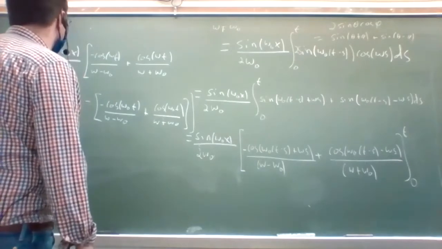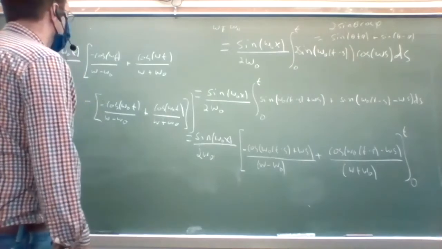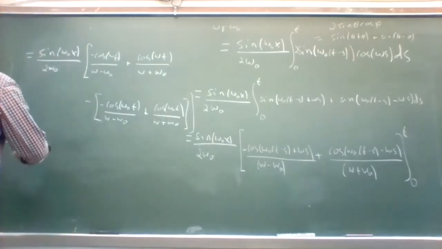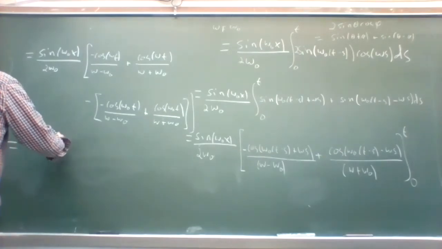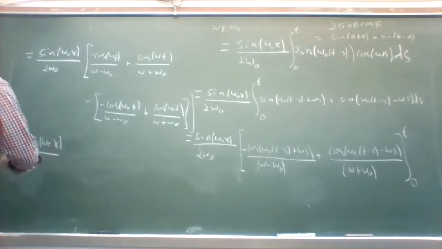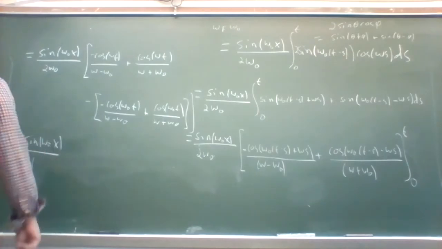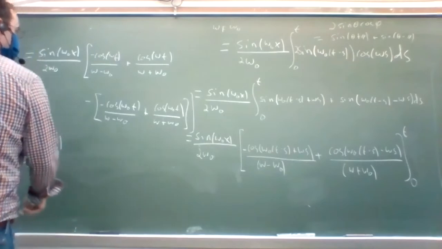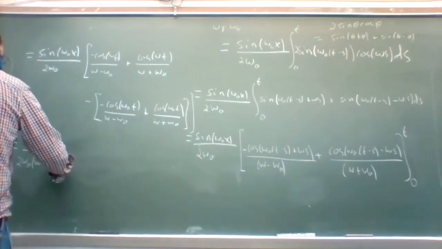let's see if we can reduce this and do common denominator at the same time. So I'm going to factor out, I'm going to divide by 2 omega naught, and then the common denominator is, I'll call it, omega squared minus omega naught squared.